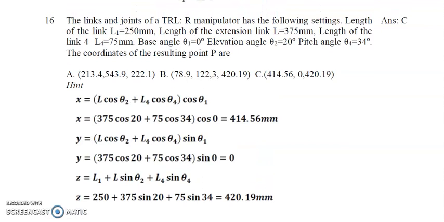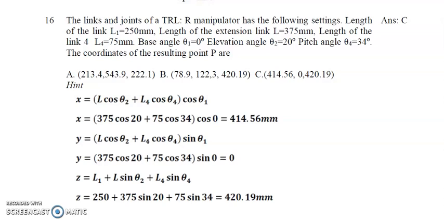So now question number 16. This is again a 4-jointed robot. The links and joints of a TRL-R manipulator have the following settings. Length of the link L1 is equal to 250 mm. Length of the extension link L is equal to 375 mm. Length of the link L4 is equal to 75 mm. Base angle theta 1 is equal to 0 degree. Elevation angle theta 2 is equal to 20 degree.